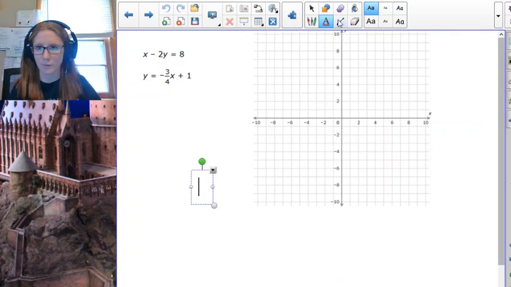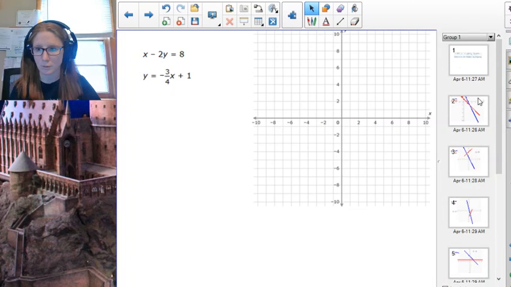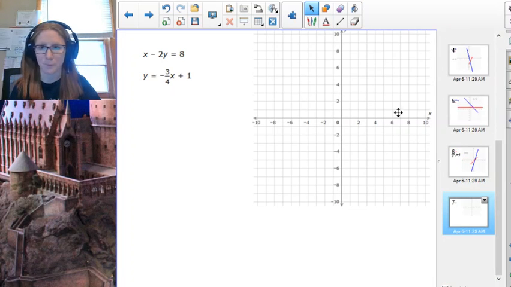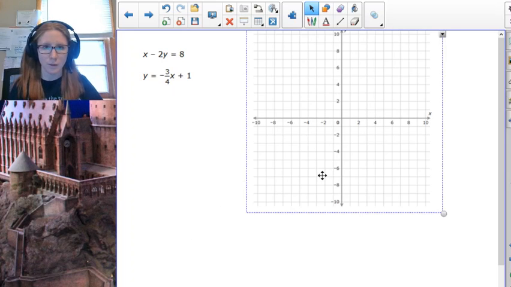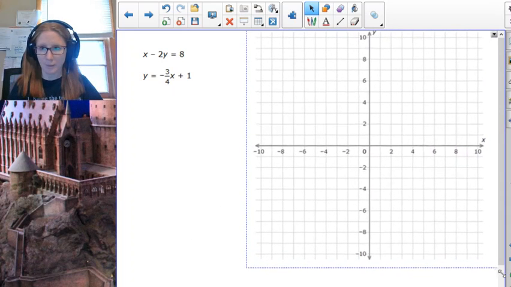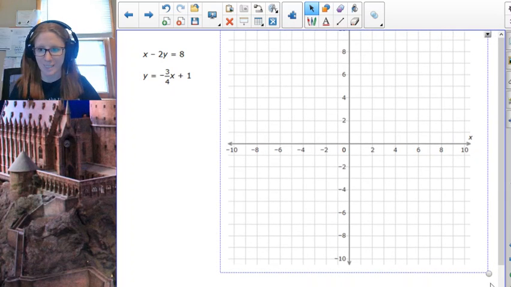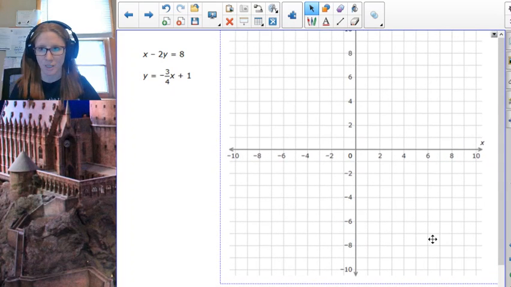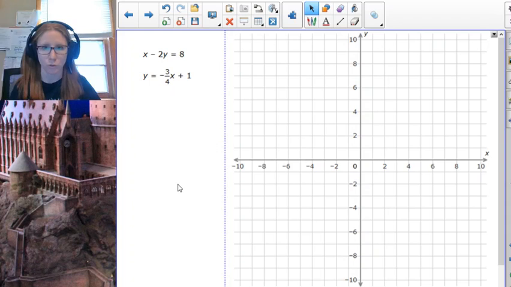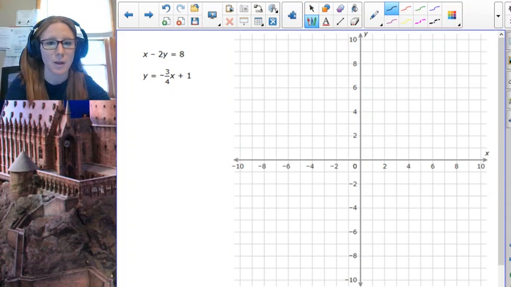I believe this is my last example. Yes, okay. So a little bit more complex, just like our last one was, because if you notice, that first equation is not written in slope-intercept form, so we have to manipulate it and rewrite it. Again, I need x on the other side, so subtract it over.